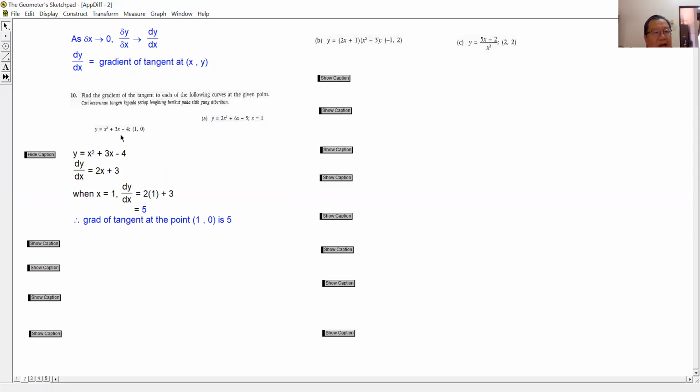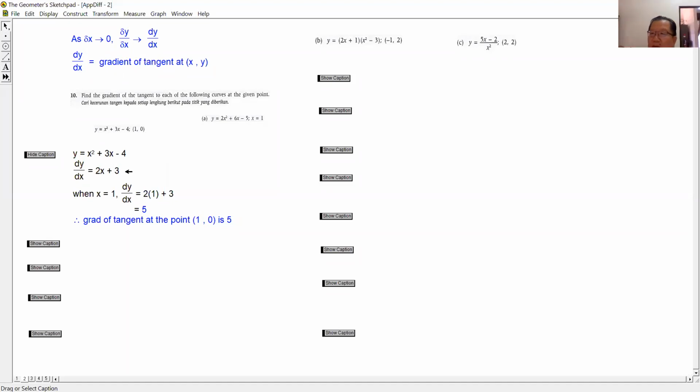I start off by finding dy dx. Why must I find dy dx? Look at the top left-hand corner. Because dy dx is the gradient. If I can find dy dx, then I can find the gradient.